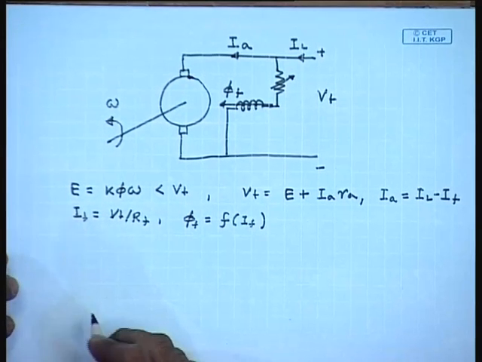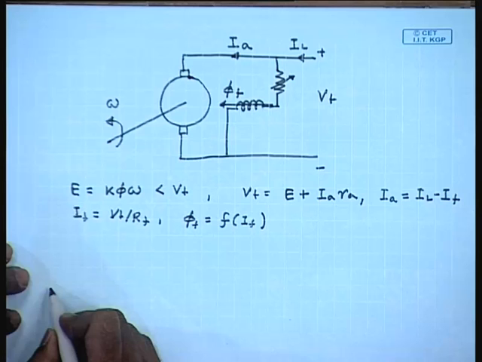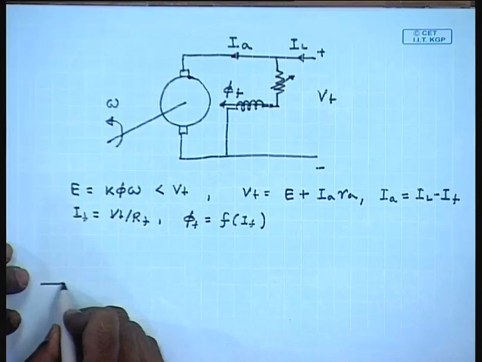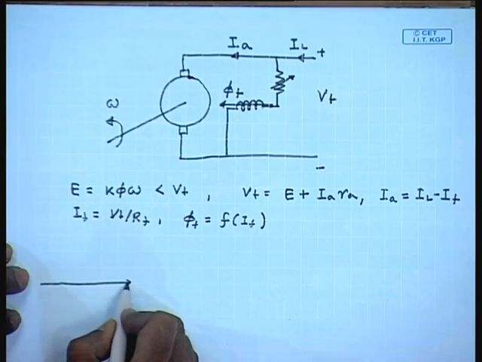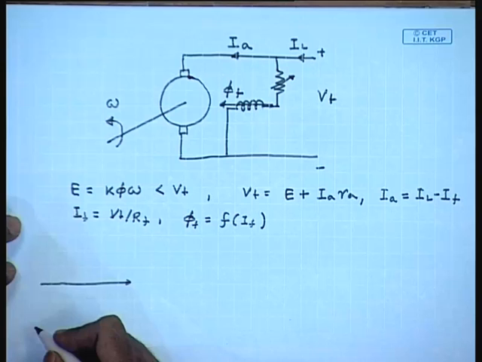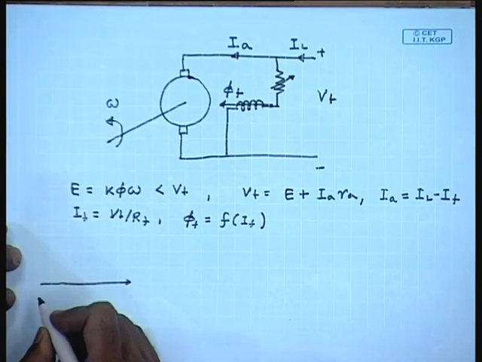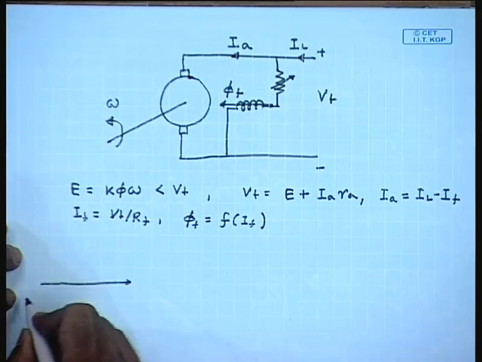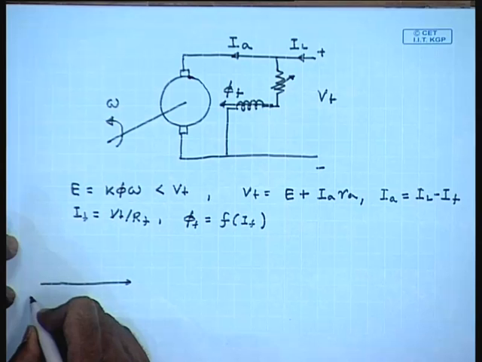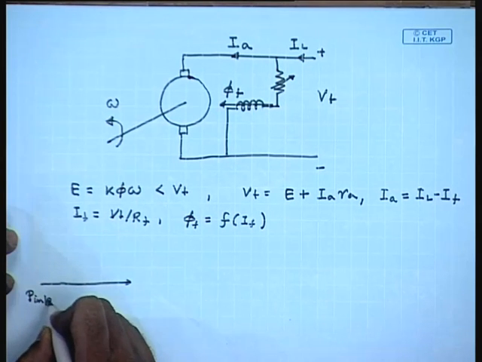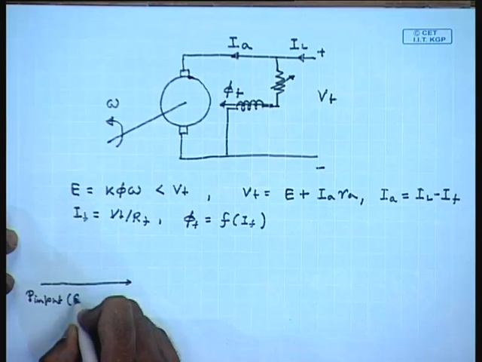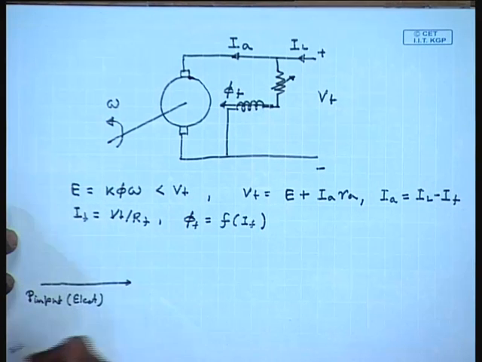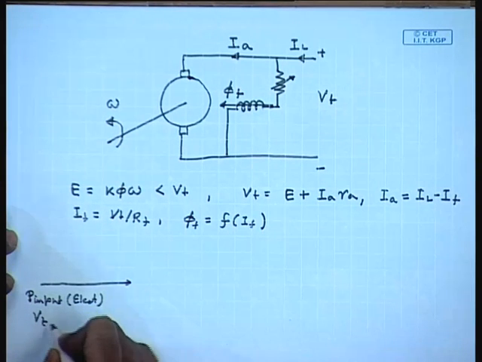The power flow in this case, now here the input power is electrical power, that is why it is essential that a DC source be present for motor mode of operation. So, P input, this is electrical, this is equal to Vt IL.